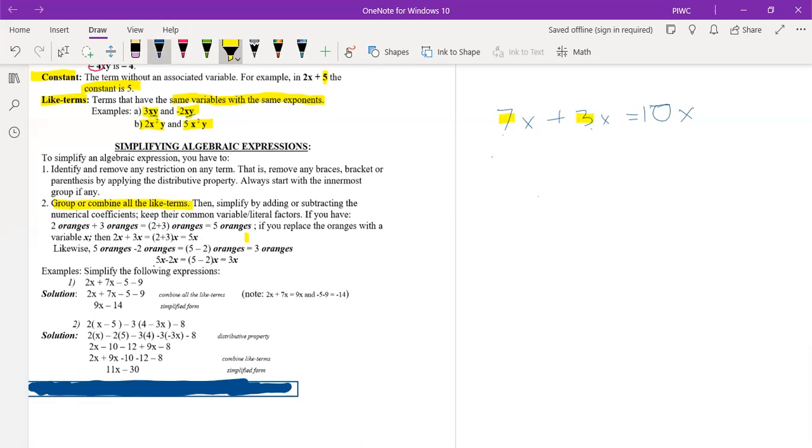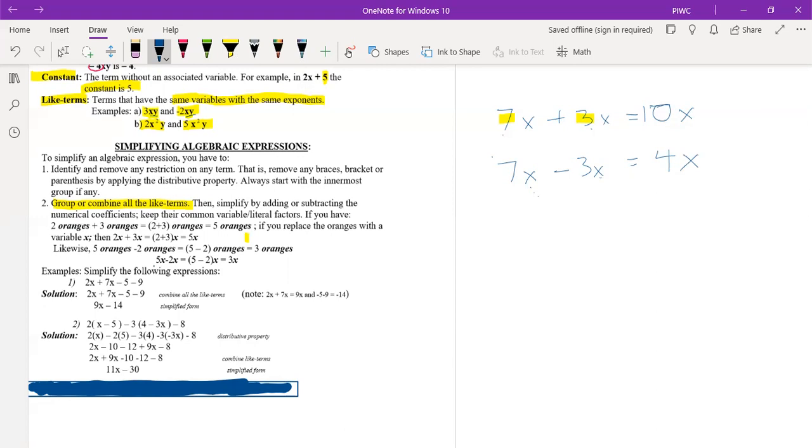What else? 7x minus 3x. This time you're subtracting. Now this looks alike, x and x, they are alike, so they're like terms. So once you have like terms, you can simplify. So 7 minus 3, and then that gives us 4. Keep the common variable that you have, which is this x. So it's like 7 oranges minus 3 oranges is equal to 4 oranges. Okay, something like that.